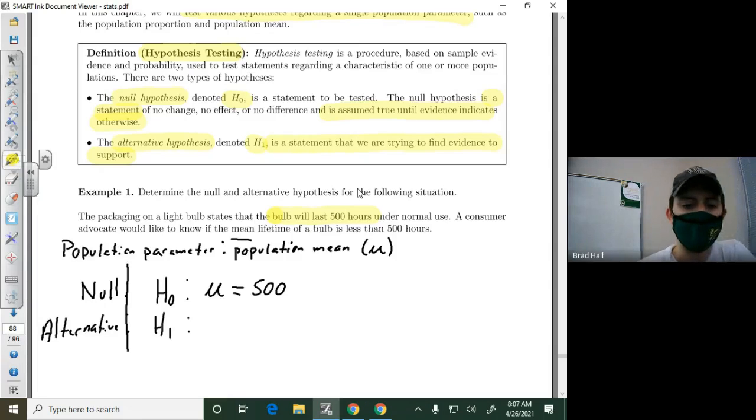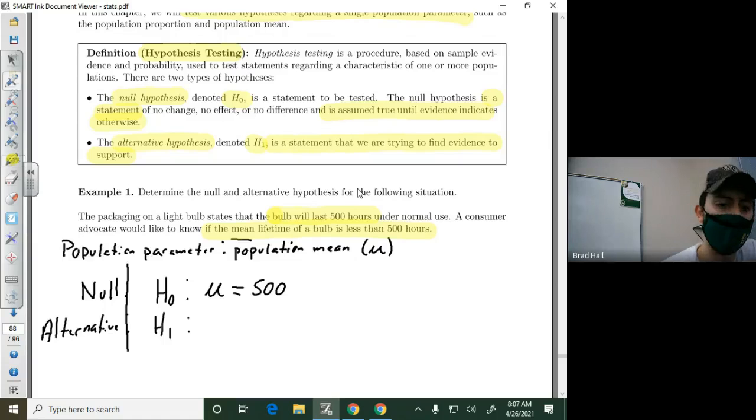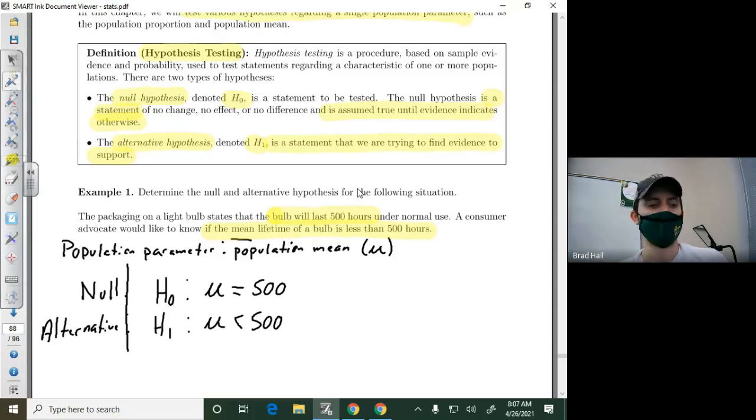Now, what it goes on to say is, what's testing this idea? What is the person going against this idea trying to show? They would like to know if the mean lifetime is less than 500 hours. So for the alternative hypothesis, this would be that the population mean is less than 500, because they told us in words, the mean less than 500.